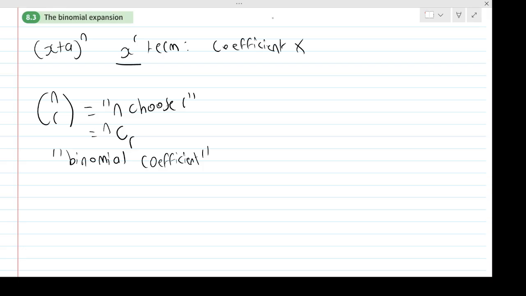Then we have the x term, x to the power of r, so we're in the rth part of the expansion. And then the other number a we add in the bracket, so we have to multiply by a.